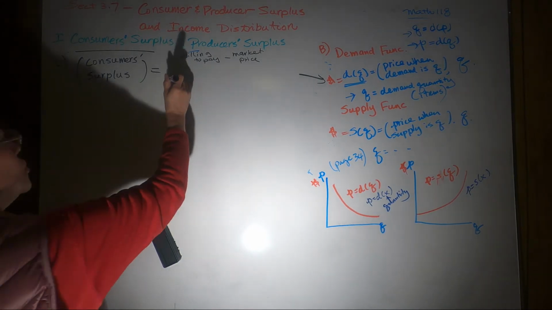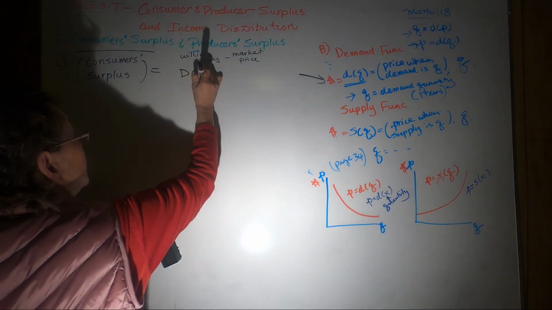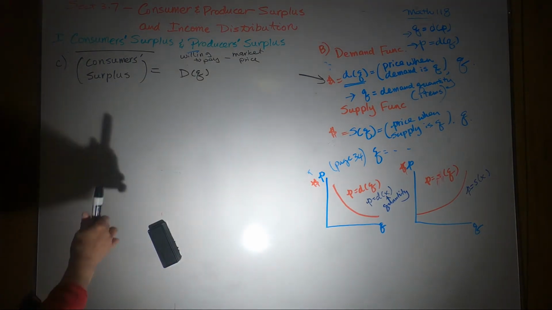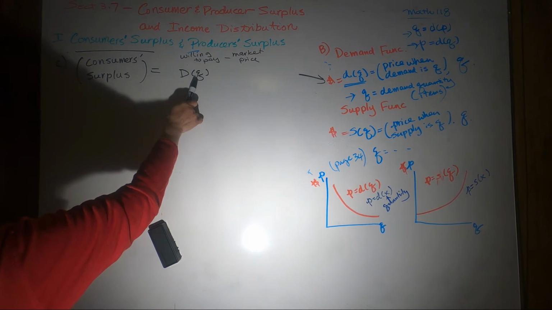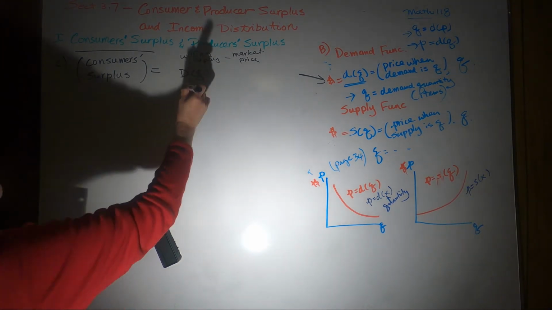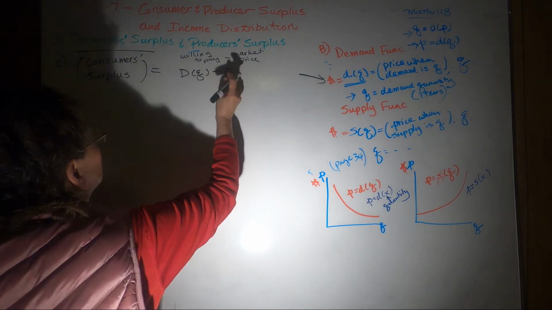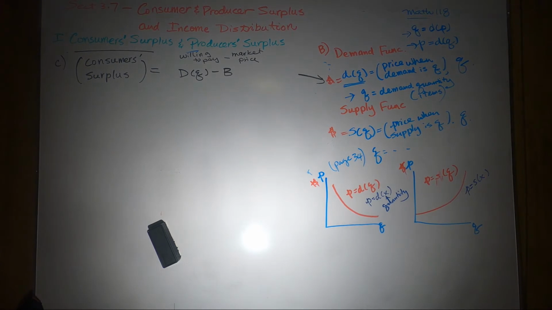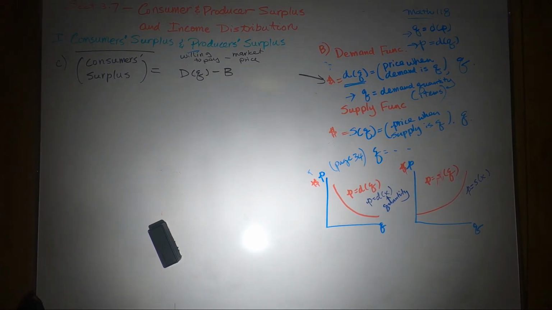So according to the demand function, it is the price consumers are willing to pay, right, minus, say, the market price, we just use the B, whatever happened in the market price.